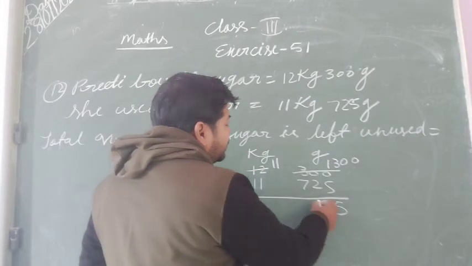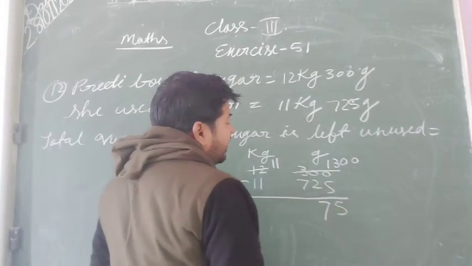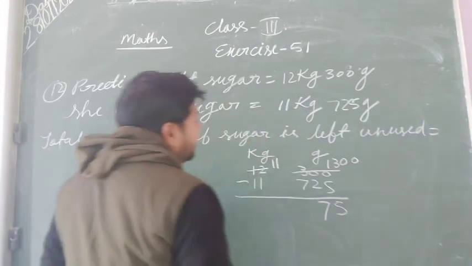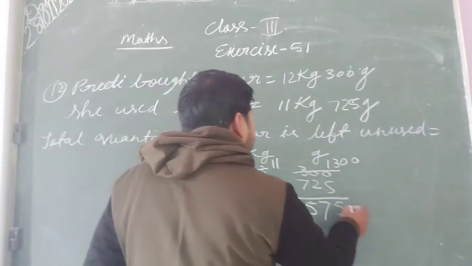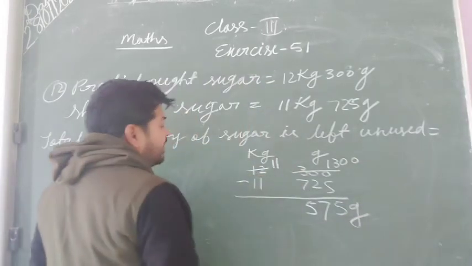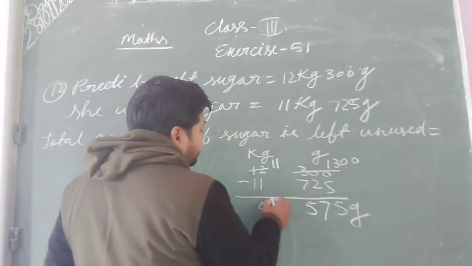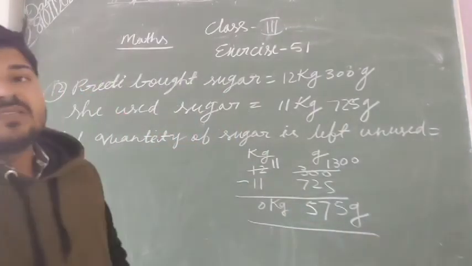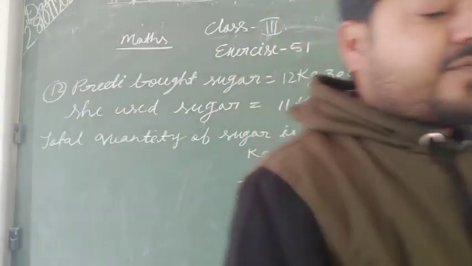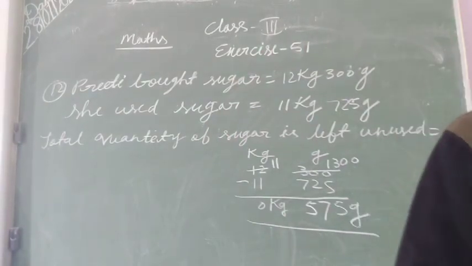Then 9 minus 2, 7. And 12 minus 7, 5. 575 gram and 0 kg. So you can say this 575 gram was unused. Okay.